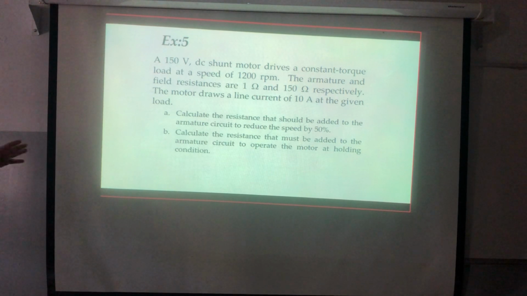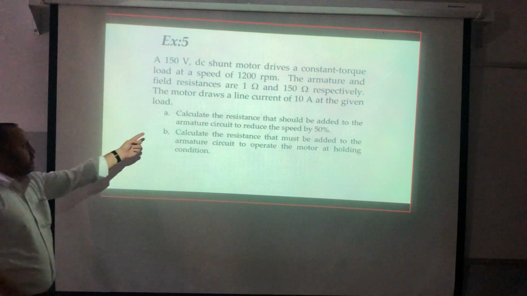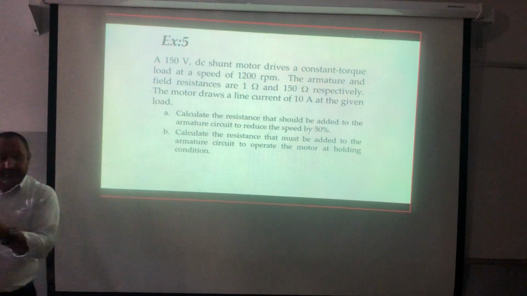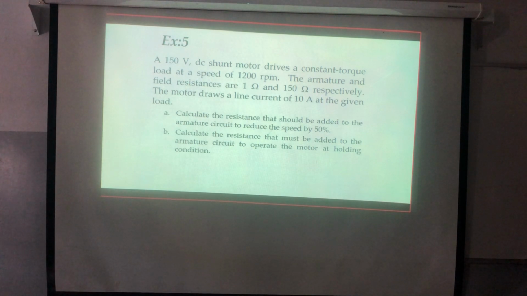And the line current is equal to 10 ampere. Now, here I need to add a resistor in the armature circuit such that the speed drops by 50%. So I know the target speed: 50% multiplied by 1200, 600.